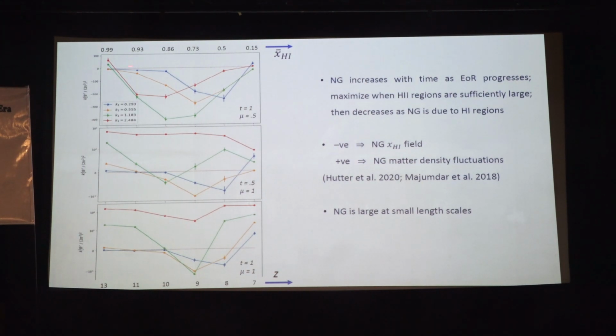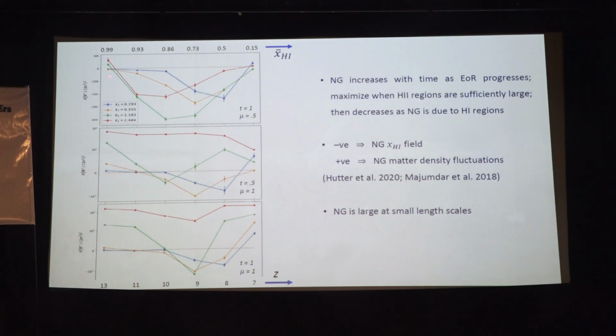First, it is also important to note the sign of the bispectrum. Here the sign is positive, and then it changes sign. Then it again starts decreasing and changes sign for some k values.